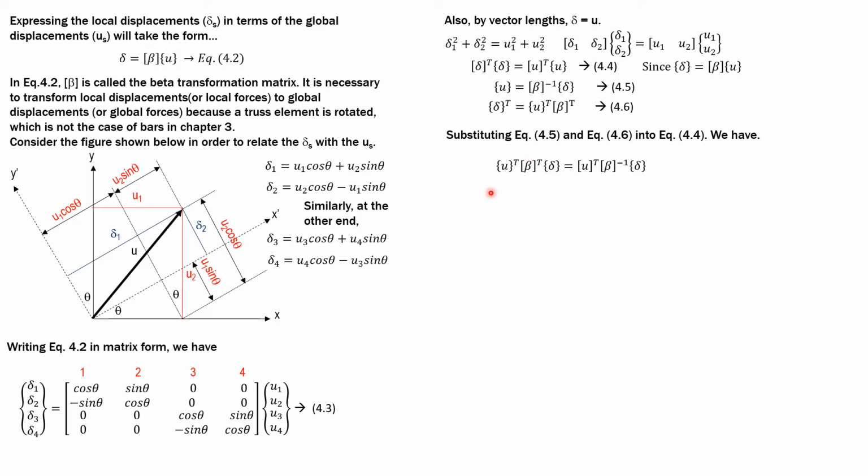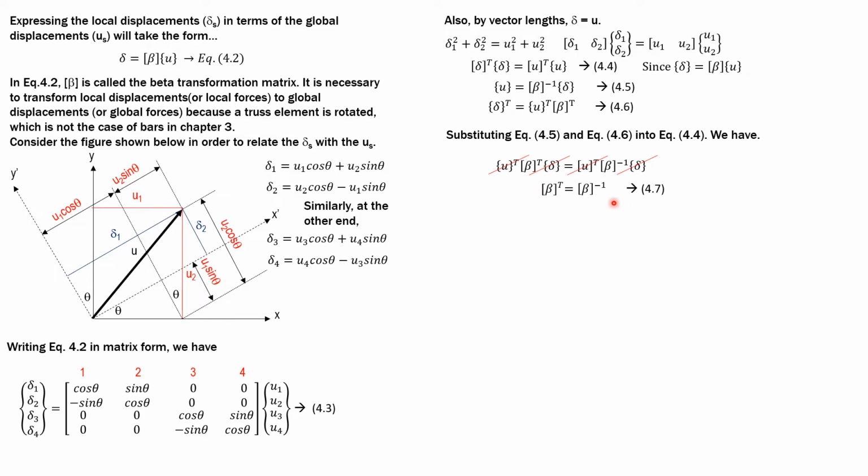Canceling out u transpose and delta, the result gives us this wonderful relation that beta transpose is equal to the inverse of beta.